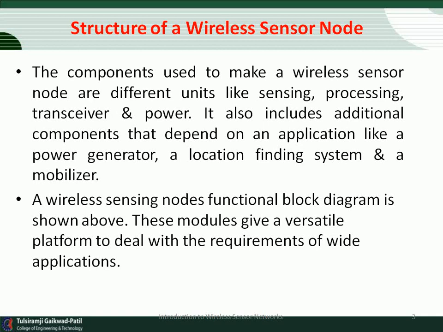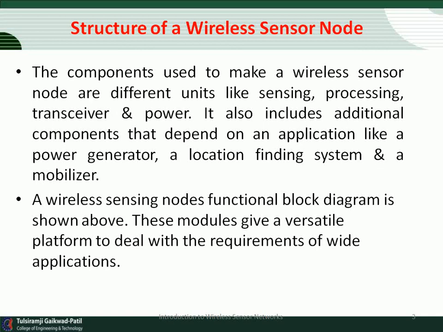There are 3 cross layer planes added to those above 5 layers of the OSI model, that is power management plan, connection management plan, and task management plan, and they allow the nodes to work together to increase the overall efficiency of the network. The components used to make the wireless sensor node are different units like sensing, processing, transceiver, and power.